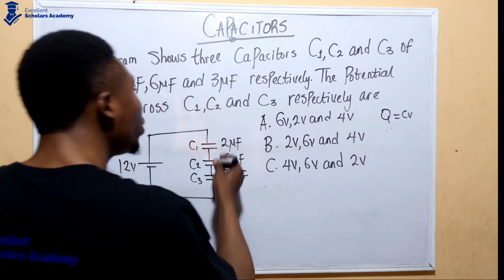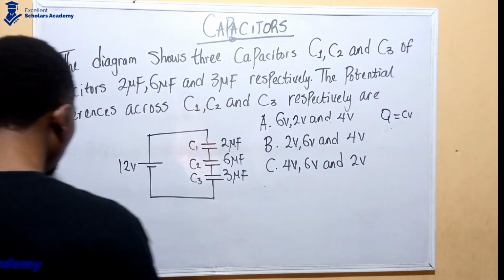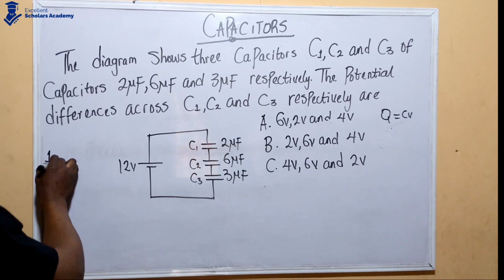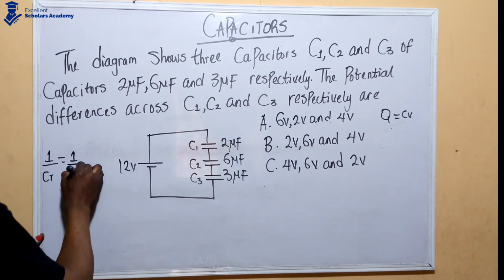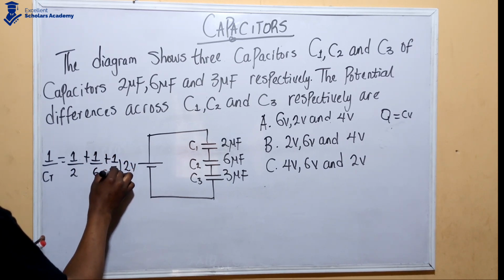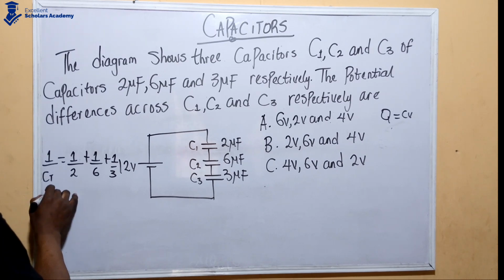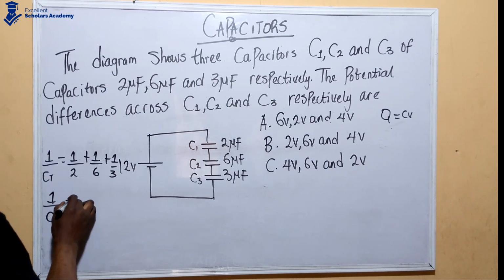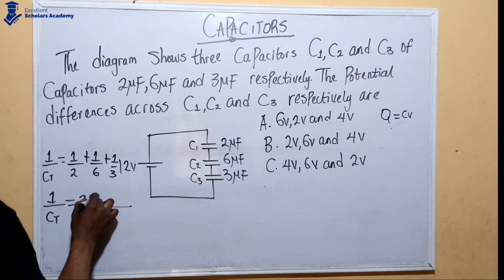Before we can find Q, we have to find the total capacitance. So 1 over CT is equal to 1 over 2 plus 1 over 6 plus 1 over 3. The LCM of 2, 6 and 3, of course, is 6. 6 divided by 2 gives us 3, 3 times 1 is 3. Plus 6 divided by 6 gives us 1.